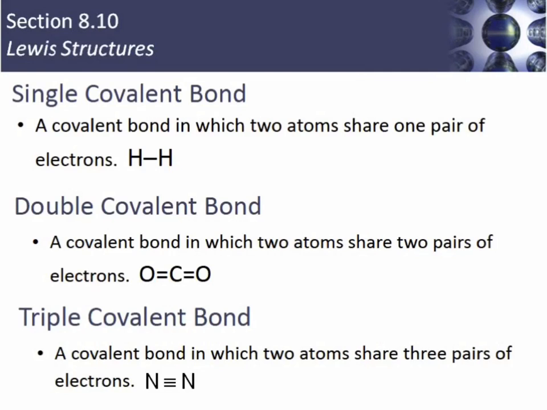A single covalent bond has 1 pair of electrons being shared, and we draw that with 1 line. A double covalent bond has 2 pairs of electrons being shared, and we will draw that with 2 lines to represent 4 electrons. And a triple bond has 3 lines, which is 6 electrons being shared.